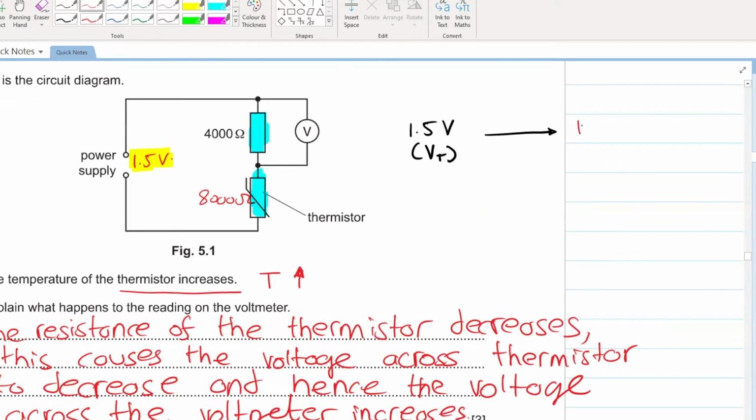Let's label this as 12,000. This is your RT. Now according to the ratio method, what will be the voltage VR supplied to this 8000 ohm resistor?